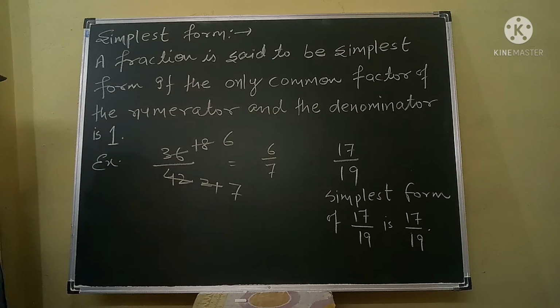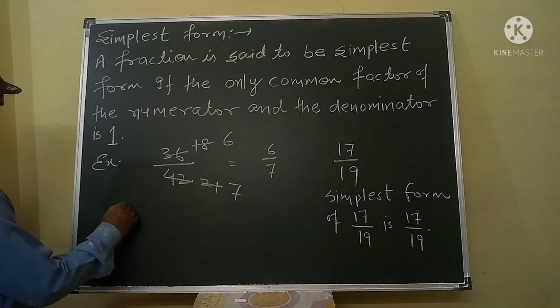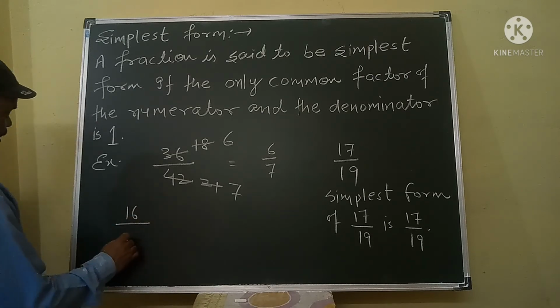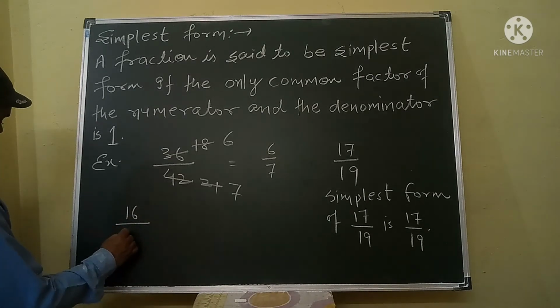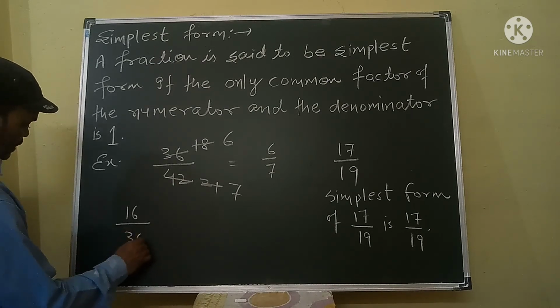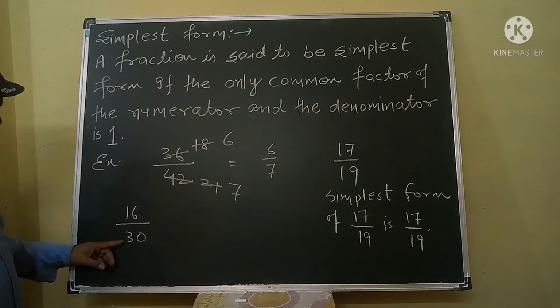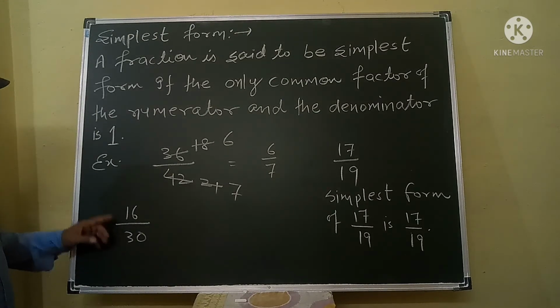Okay, I want to give one more example. Suppose this is 16 and this is 30. 16 upon 30 is a fraction, and how can you find out the simplest form of this fraction?